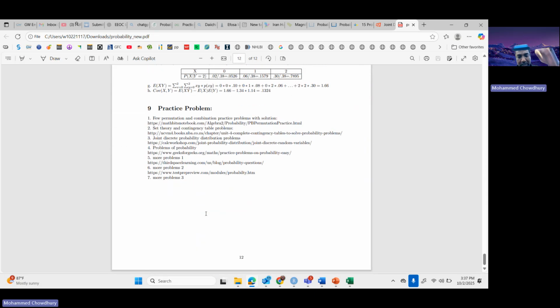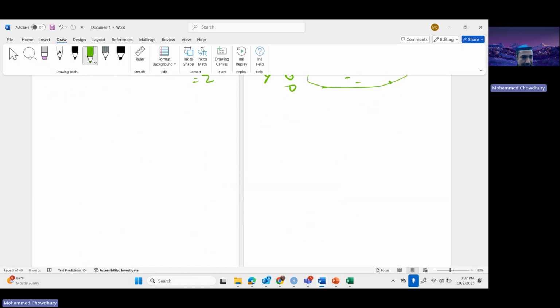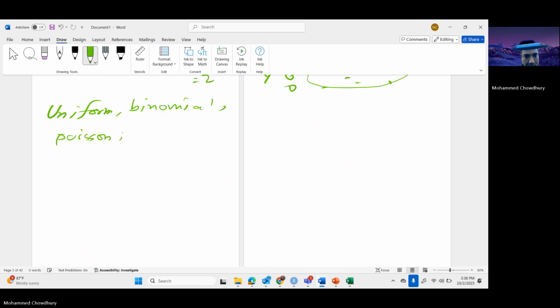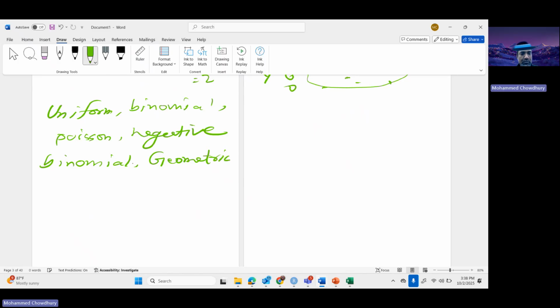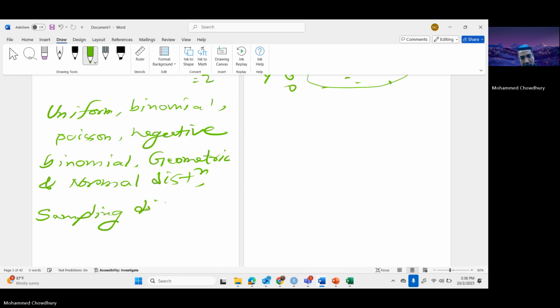So from the week after next week, I will start discussing probability distributions like these: uniform, binomial, Poisson, negative binomial, geometric, and normal distribution, and finally sampling distributions.